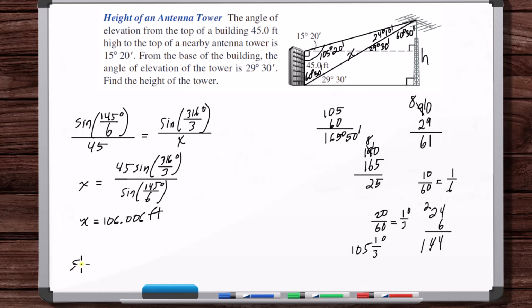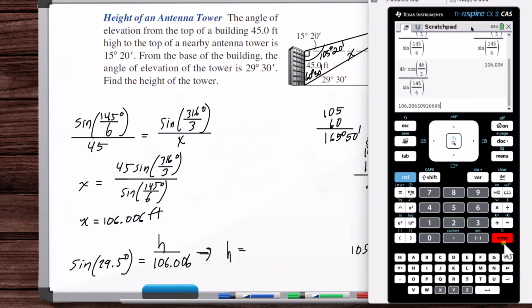So we can say the sine of 29.5 degrees is equal to opposite over hypotenuse. So h, we just need to multiply this by the sine of 29.5. 52.2 feet.